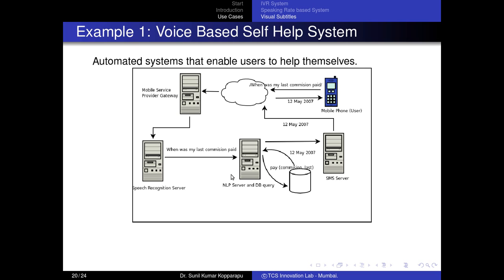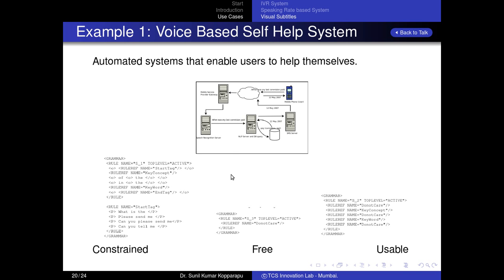Now let's look at what I mean by usable technology. On one hand, what one could do is tell the human that he can use this particular self-help system by asking very specific questions, in the sense that he has to practice what he wants before he can ask the question.